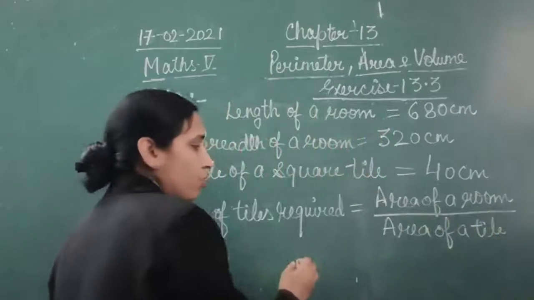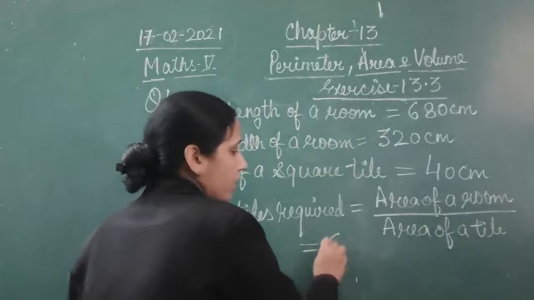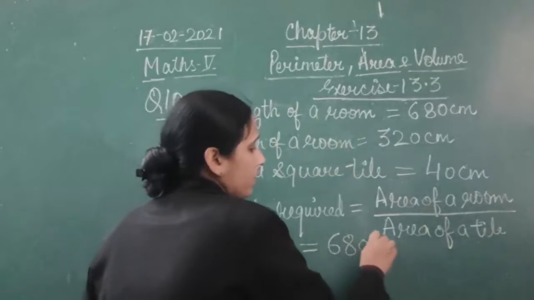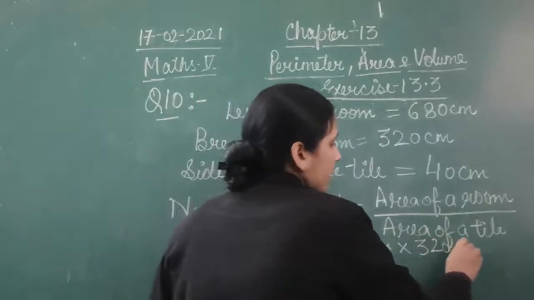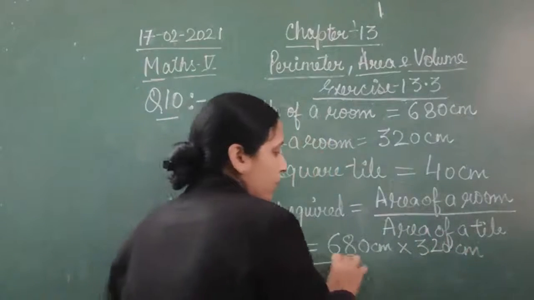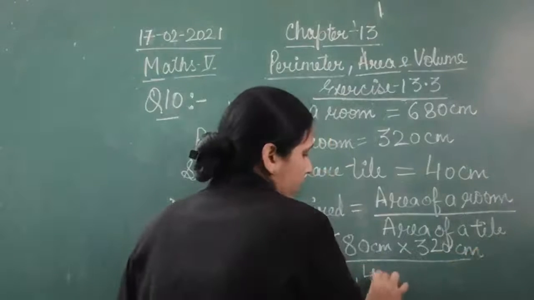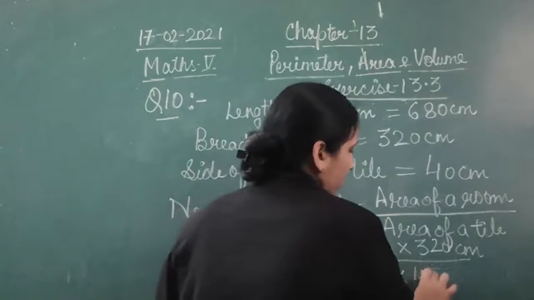That is, the area of a room is 680 centimeter multiplied by 320 centimeter, divided by 40 multiplied by 40.